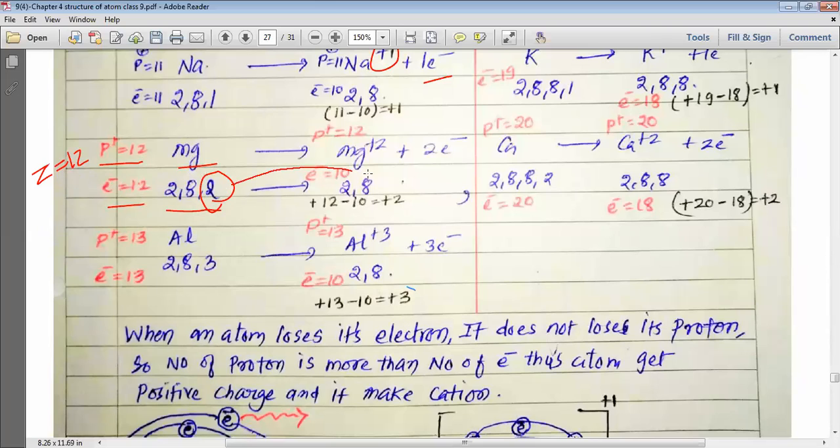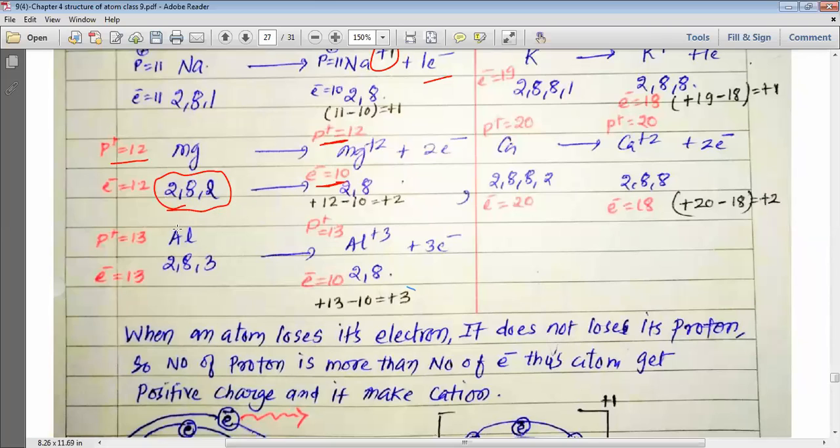Magnesium loses its 2 electrons. So when magnesium loses its 2 electrons, my dear student, this electronic configuration which was 2,8,2 now becomes 2,8. So magnesium has got 10 electrons, but the number of protons in magnesium remains the same, that is 12.